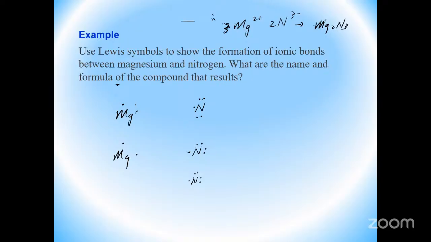So as I said before, the metal, in this case magnesium, will lose electrons to the nitrogen. Okay, so 1 electron will go here. 1 electron will go here. 1 electron will go here.